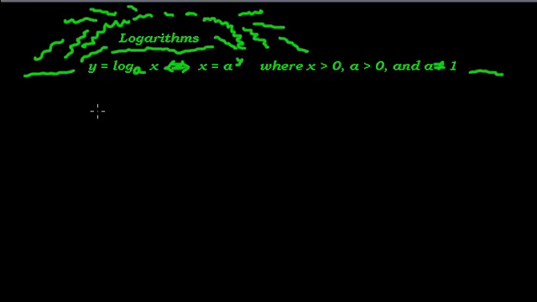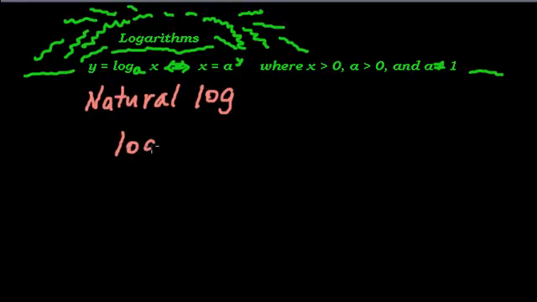All right, we're going to define a natural log. And a natural log just means that it's log base e. So if I have natural log, or log base e, of let's just say e, this e is to an understood 1 power, so how many powers of e is that? That would be 1. Well, we use natural log quite a bit, and so we have a special notation for it.